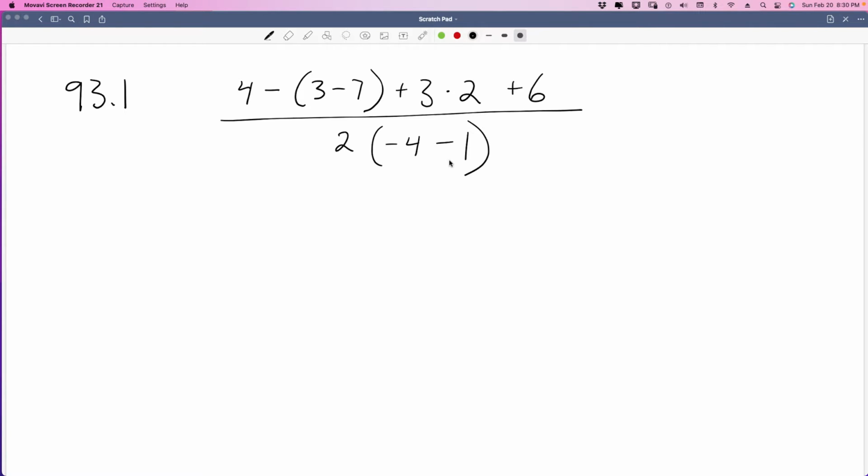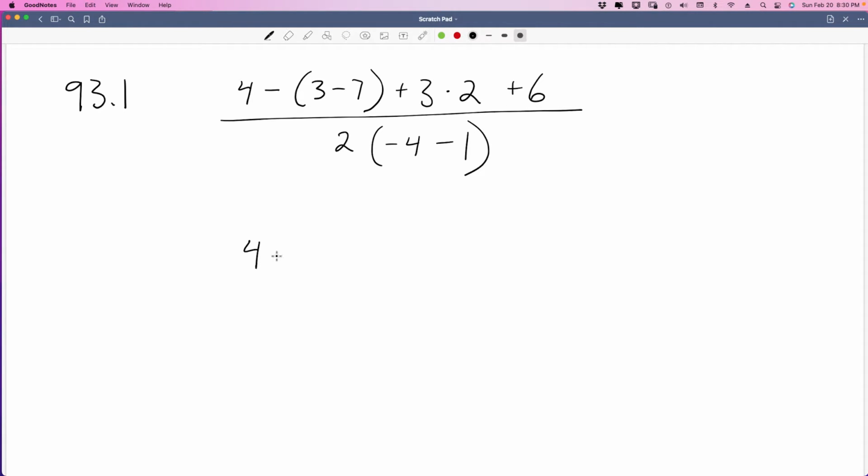So what we need to do is attack this fraction by solving the numerator first, and then we'll solve the denominator. So let's attack the numerator first, and we can actually take it one bit at a time. I am just going to start with the parentheses first.